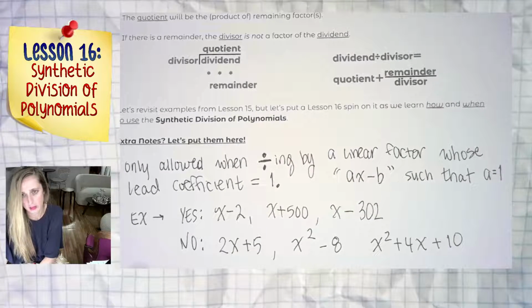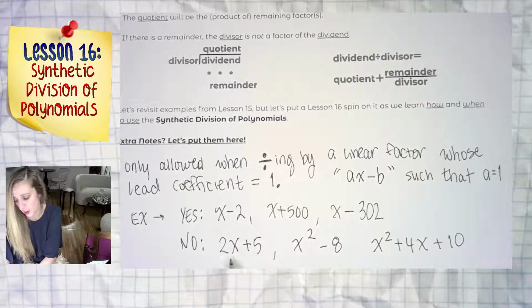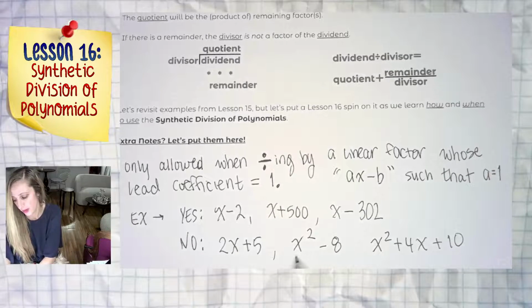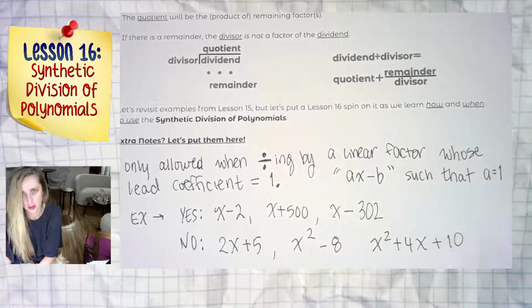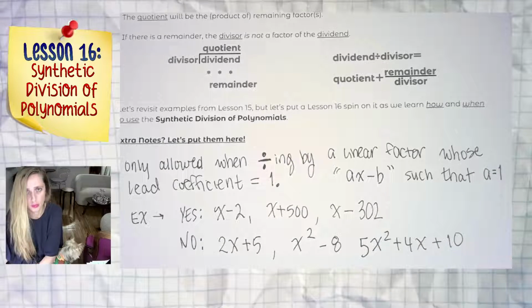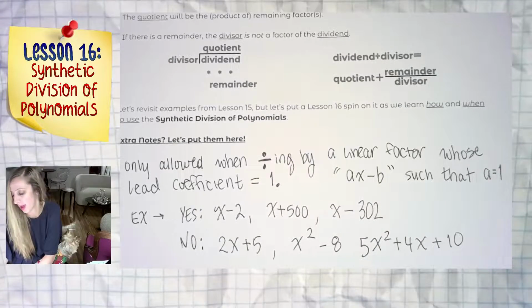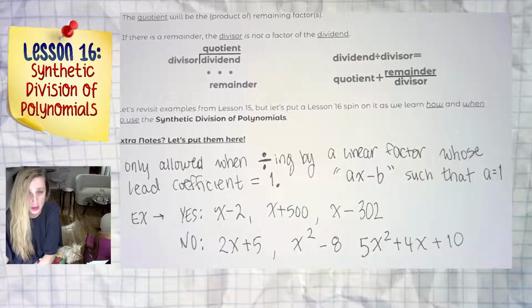Those are not allowed. All right. In this case, it's a linear factor, but my lead coefficient is not 1. Here, my lead coefficient is 1, but it's not a linear factor. And this is wrong in 2 ways. The lead coefficient is not 1, and it's also not linear. So those would be things that you cannot use synthetic division on.